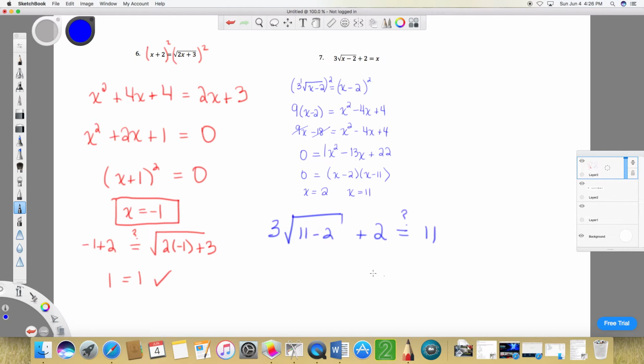So 11 minus 2 is 9. The principal square root of 9 is 3, and 3 times 3 is 9, and 9 plus 2 is 11, so they both check. So both of these are in the solution set, and they're the only members of the solution set for number 7. So that's our final answer.